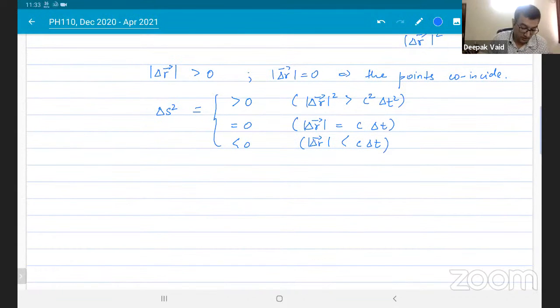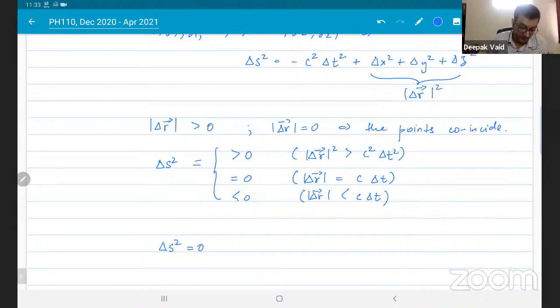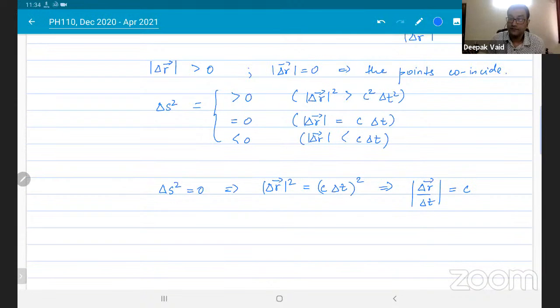Let's look at the 0 option first. Let's look at when delta s squared is equal to 0. When does this happen? We can see that it happens when delta r's magnitude squared is equal to c squared delta t squared. Or in other words, if I take delta r by delta t and I take the magnitude, I get c. Okay.